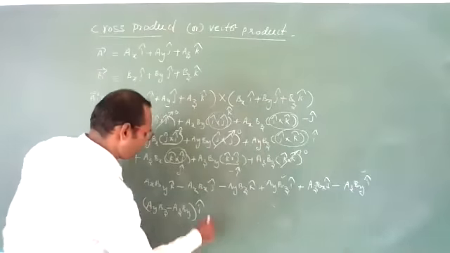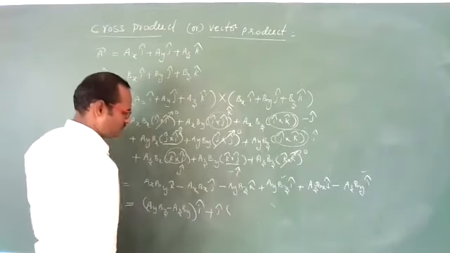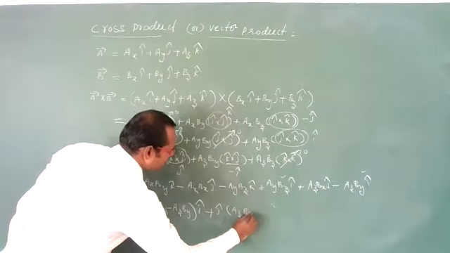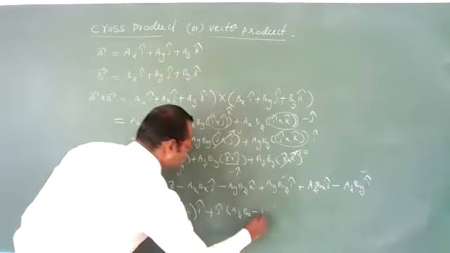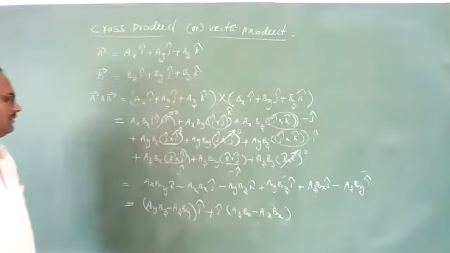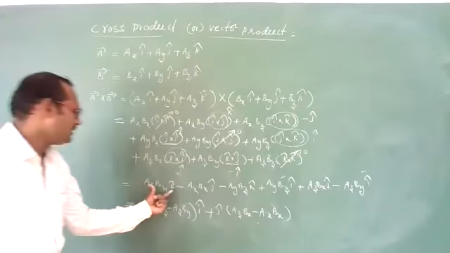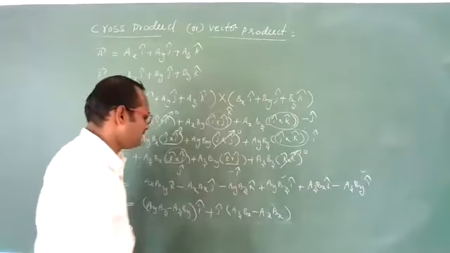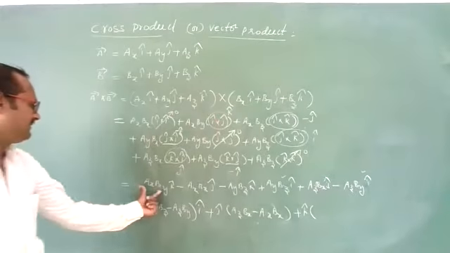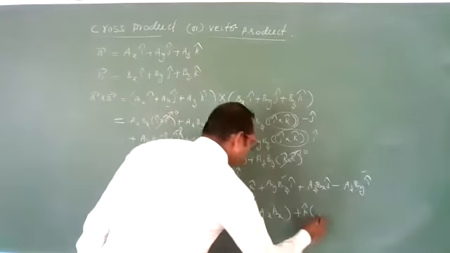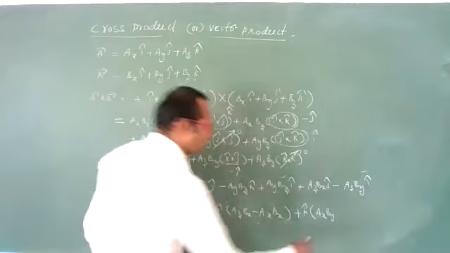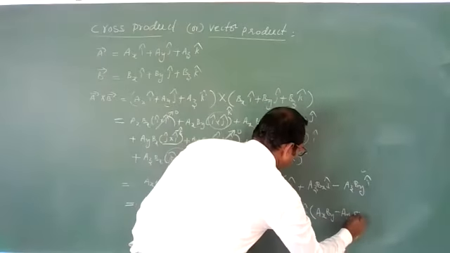So take J cap common, plus J cap into, I write first this one, AzBx minus AxBz. Next, here K cap is there, here K cap is there. Let us take K cap common. We will get K cap into, this is plus is there. So I'll write first this one, AxBy minus AyBx.